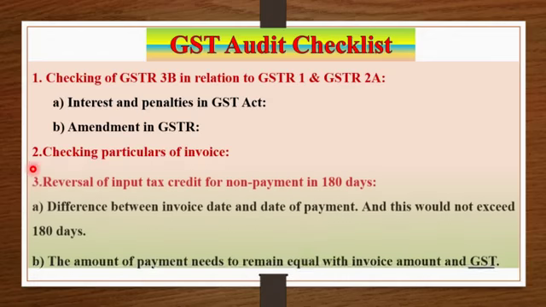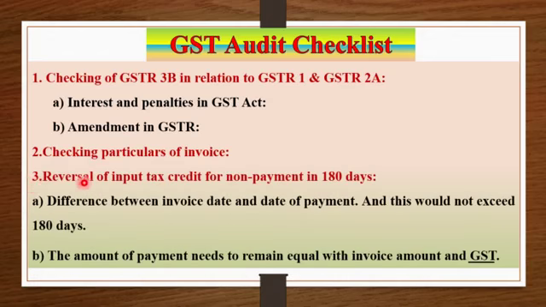Then the third checklist is reversal of input tax credit for non-payment in 180 days. At this stage, the GST auditor has to check the following details. First is the difference between invoice date and date of payment, which should not exceed 180 days.